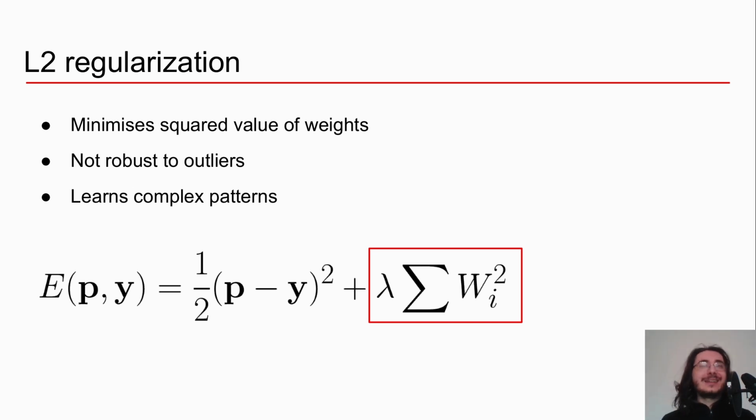Now, again, this is more an art than a science, but the overall rule of thumb that I can give you is that if you have relatively simple data to learn, you should probably go with L1.